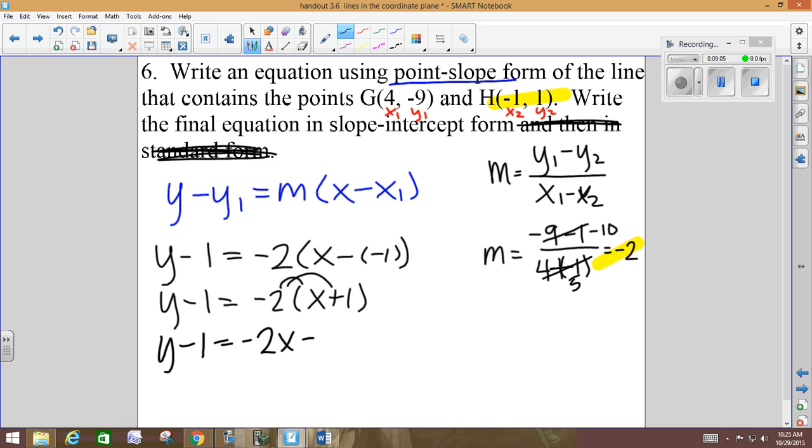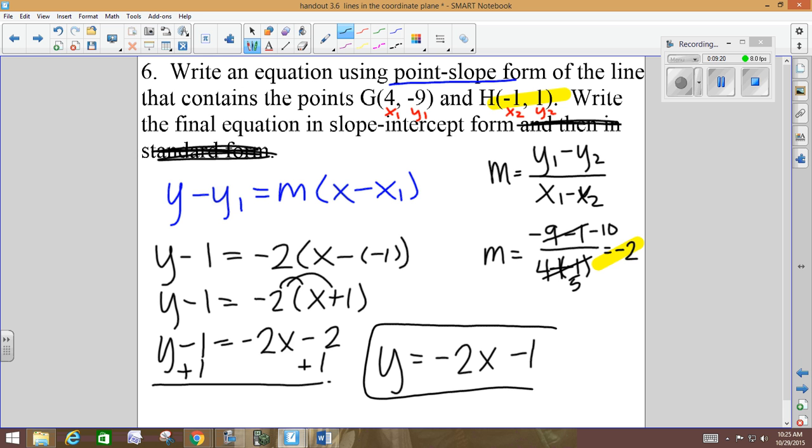So negative 2x minus 2. Add 1. You get Y equals negative 2x minus 1. Your final answer. That's your slope-intercept form.